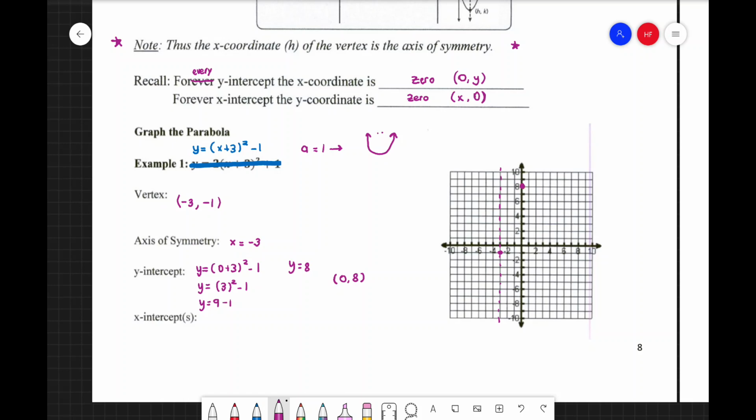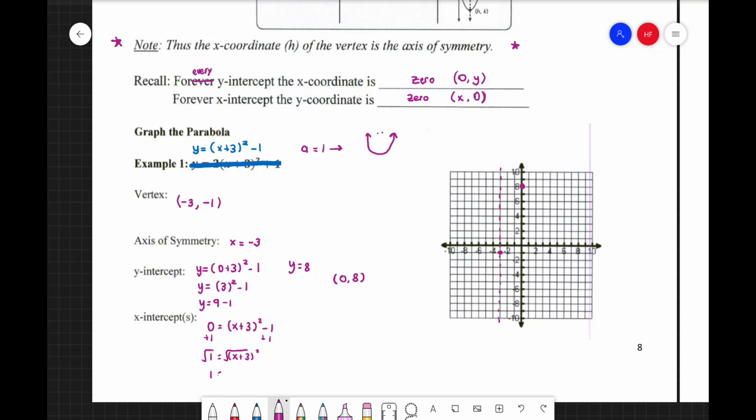And then my x-intercepts, I'm going to replace y with a 0. So 0 equals (x + 3) squared minus 1. And then I'm going to solve. So I'll add 1 to both sides. I get 1 equals (x + 3) squared. Take the square root of both sides.